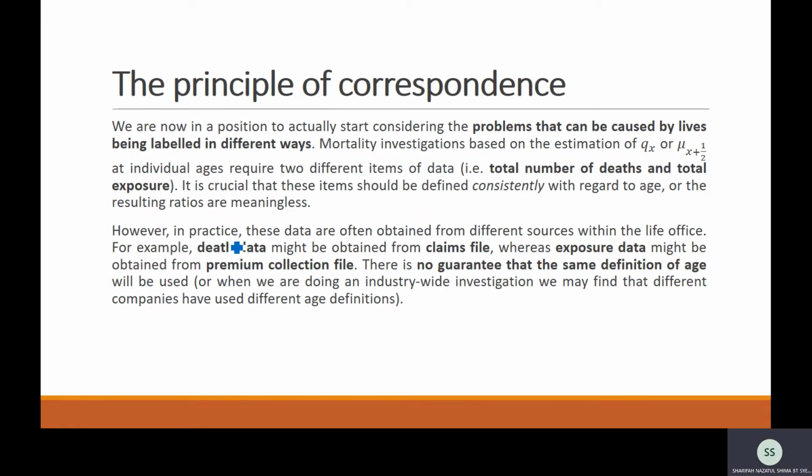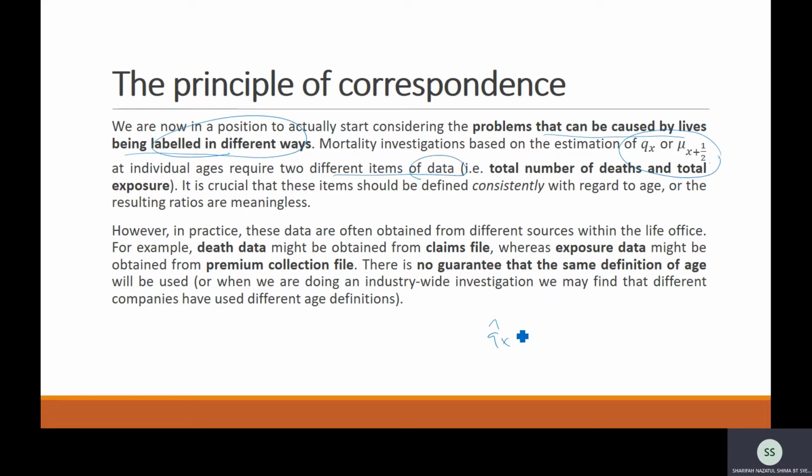This is the principle of correspondence. We are now in a position to start considering the problems that can be caused by lives being labeled in different ways. A mortality investigation based on the estimation of qx or mu x plus half, at individual ages, requires two different items of data.